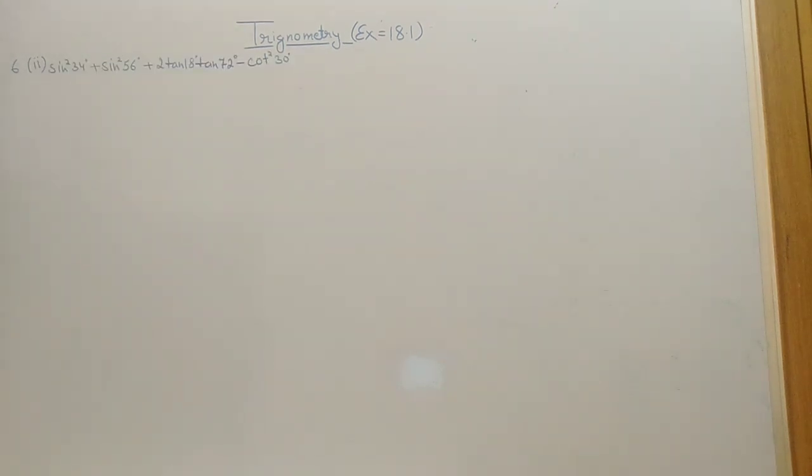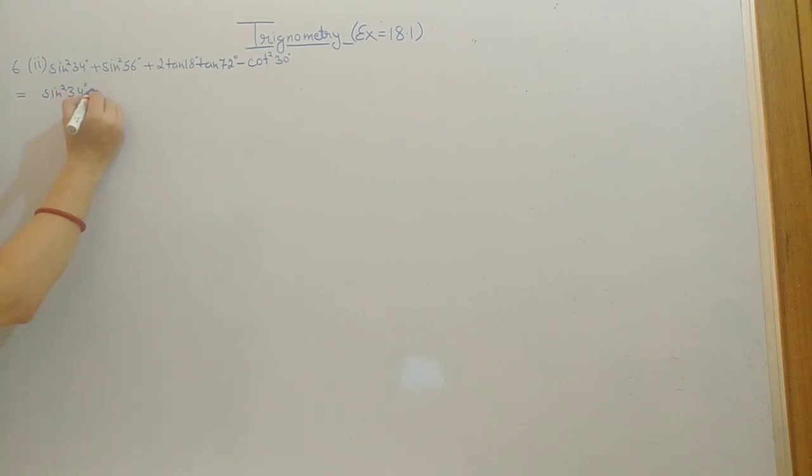Sixth, second part: sin square 34 plus sin square 56 plus 2 tan 18 tan 72 minus cot square 30 degree. First, from these two, anyone we have to change. So it will become sin square theta plus cos square theta. Sin square 34 as it is.